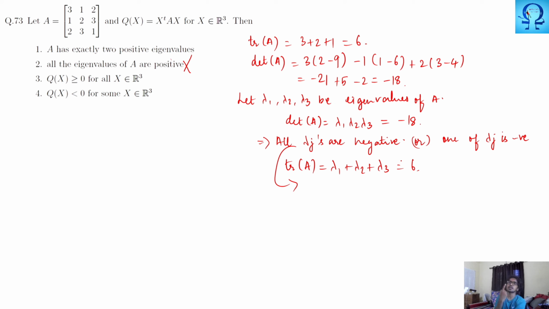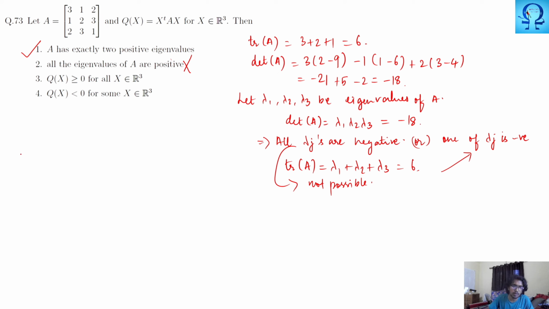At least one has to be positive, and it has to be bigger than the sum of the other two, so that the trace is a positive quantity. So this is not possible. So we are left with the possibility that A has exactly two positive eigenvalues, which is true.